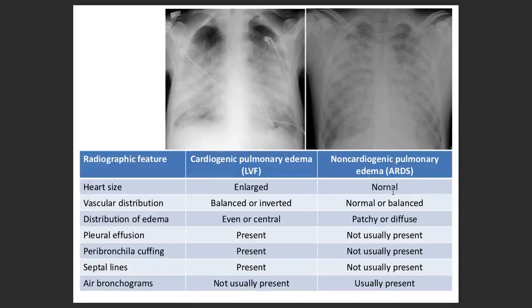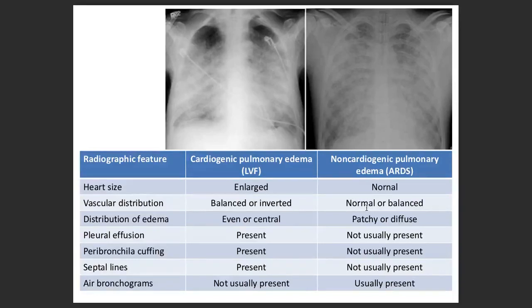However, in ARDS, acute respiratory distress syndrome, in which the main etiology lies in the lungs, the heart size is going to be normal. Similarly, about the vascular distribution, it is going to be either balanced or in fact inverted. In ARDS, the vascular distribution is almost normal or balanced.